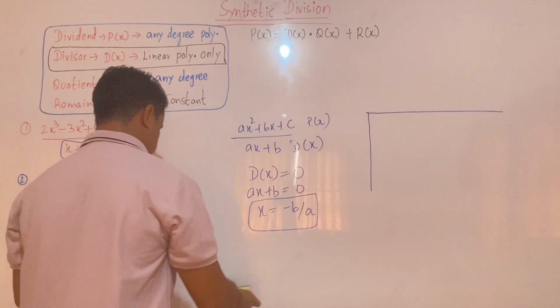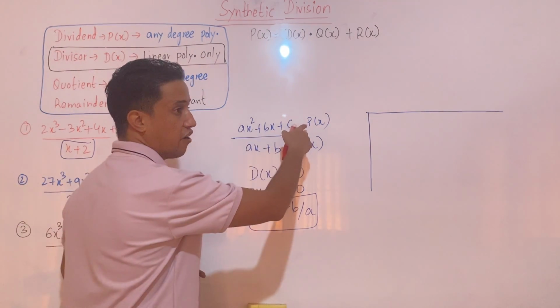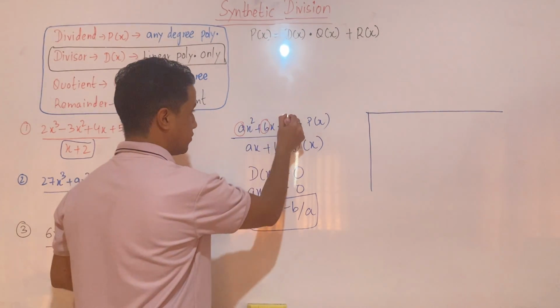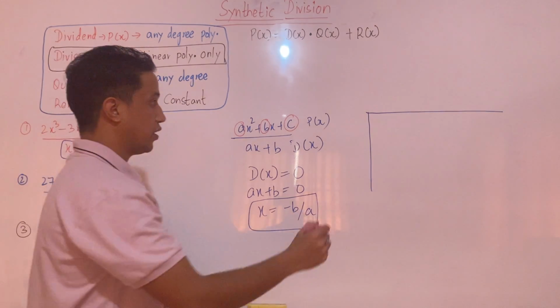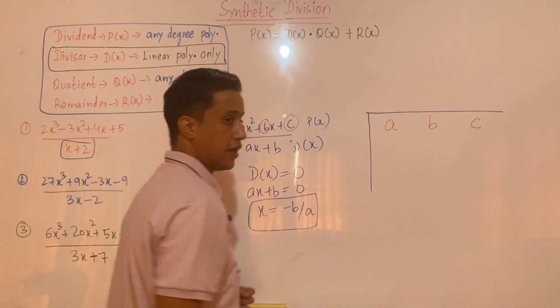The coefficients of the polynomial in the dividend are a, b, c, so here I will write a, b, c.